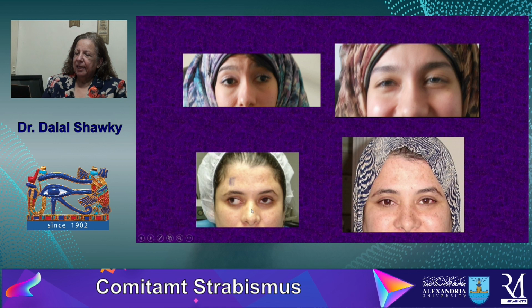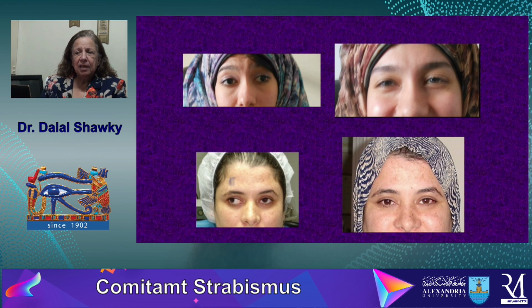Here is a case of exotropia in an adult girl, neglected for a long time, with weak vision in this eye. We resected the medial rectus and recessed the lateral rectus, and this is the normal appearance in her post-operative period, and both are satisfied.